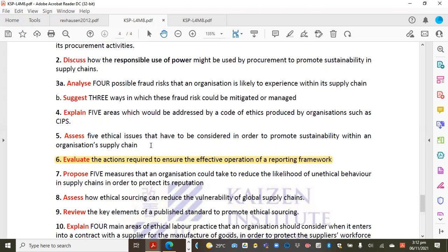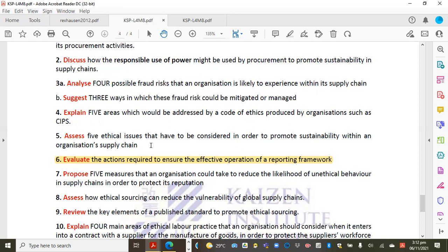We can also talk about avoidance of the use of child labor. We can also talk about even fraud. Fraud is also an ethical issue.